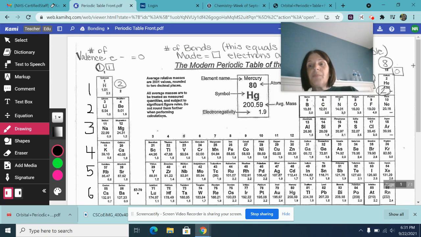Okay, so how do we take all of that information and use it to create an electron configuration that is indeed shorter than our traditional longhand one? For purposes of this video, I am going to show you how to do the shorthand electron configuration for silver, element number 47.